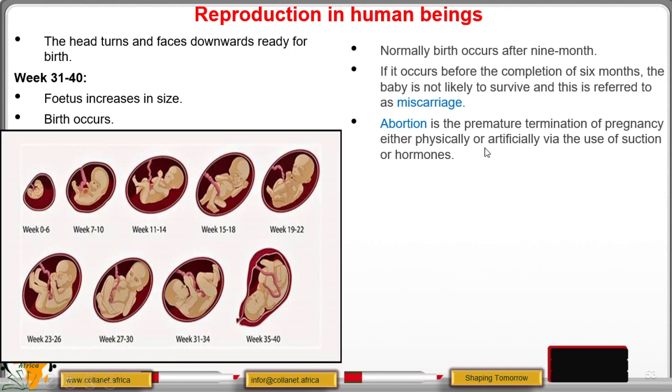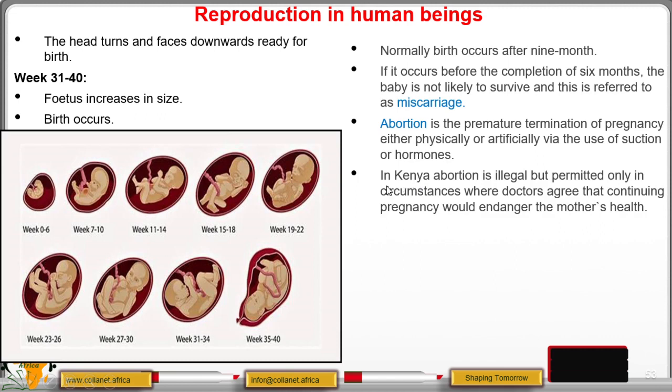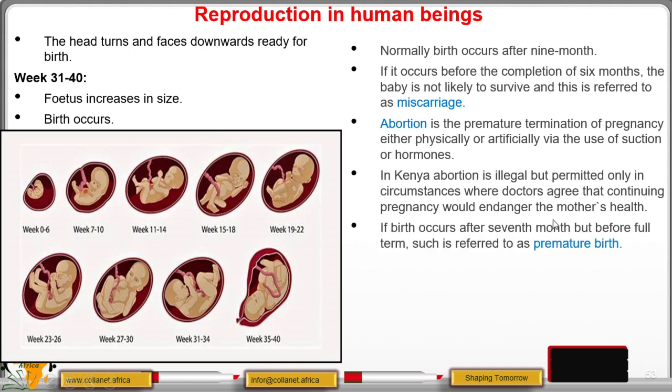And it is a serious crime in Kenya. It is not allowed. So for girls, you never attempt to carry out abortion. As I had said, in Kenya abortion is illegal, but permitted only in circumstances where doctors agree that continuing pregnancy would endanger the mother's health.